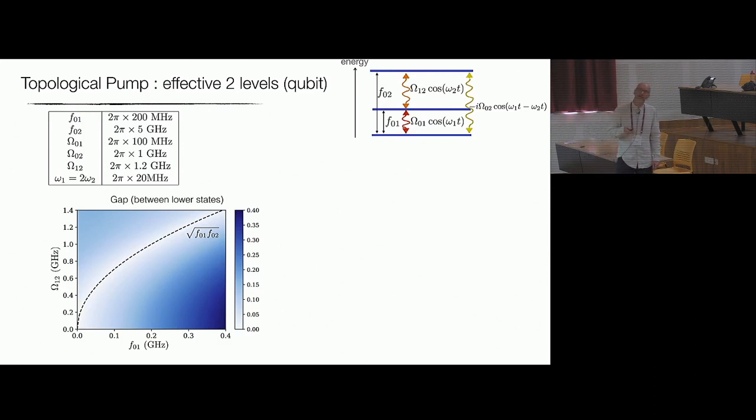Until now, we have only a numerical study, not yet experiments on how to implement it. Here is the phase diagram for some optimal values of all these coupling amplitudes. What I'm going to show is how it evolves when I change just omega 1,2, the amplitude of transition between the second and first excited states.